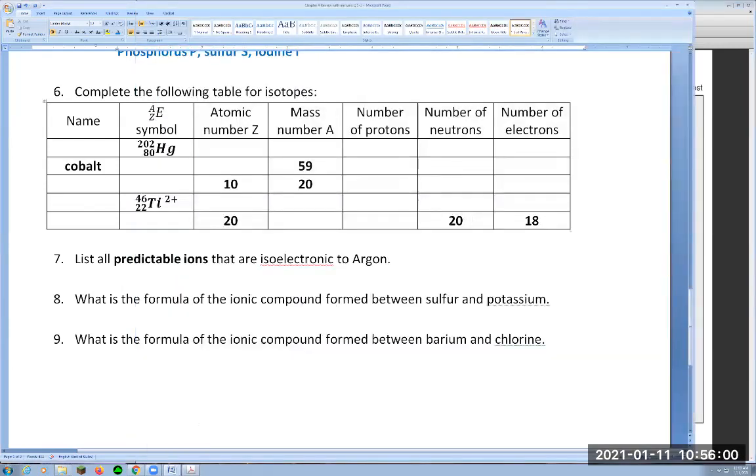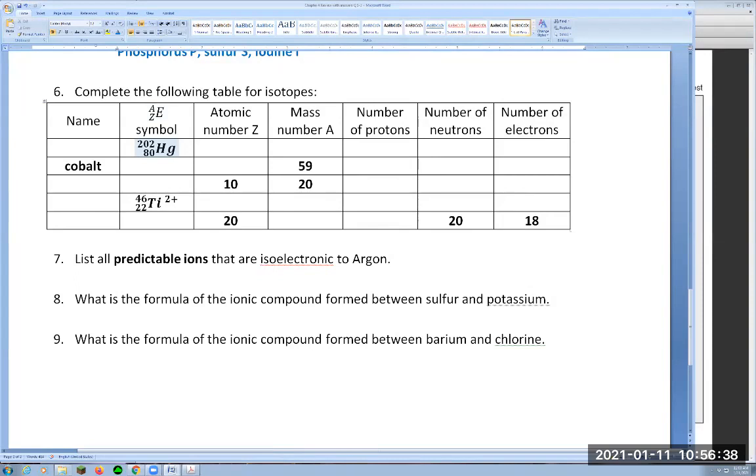So we use symbols with the element symbol, and on the upper left corner we write the mass number, symbolized by capital A. On the lower left corner we write the atomic number, symbolized by capital Z. Here you have Hg, that's mercury, with 202 in the upper left corner and then 80 in the lower left corner.